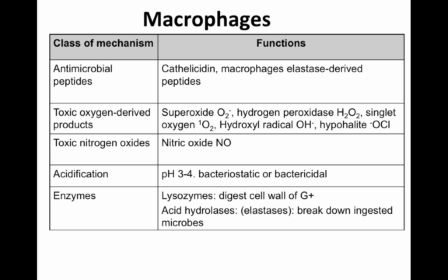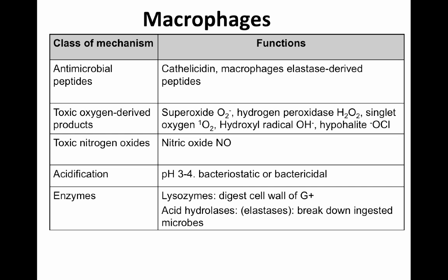Macrophages have different mechanisms by which they can kill microbes. Some of them include antimicrobial peptides, such as cathelicidin, macrophage elastase-derived peptide, toxic oxygen-derived products, including superoxide anion, hydrogen peroxide, singlet oxygen, hydroxyl radical, and hypohalite. Another mechanism is formation of nitric oxide, which is a vasodilator.